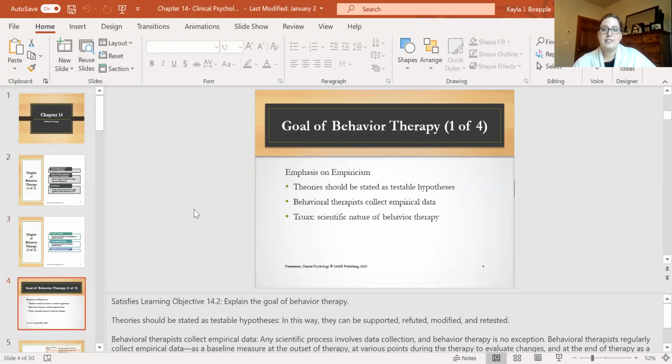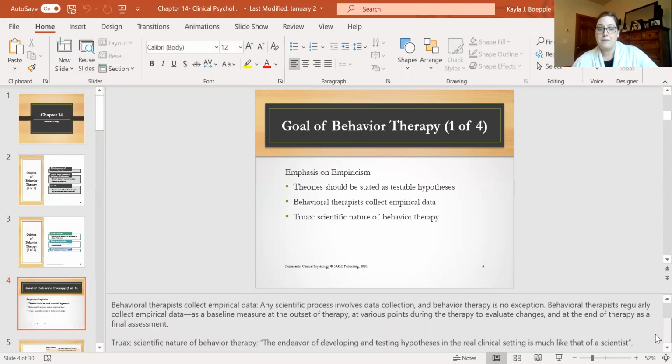So there are going to be some different goals when we're talking about the main goals of behavior therapy. One of the main things we need to make sure of is that our theory should be stated in a testable hypothesis. We like to collect empirical data, which is the scientific nature of behavioral therapy.